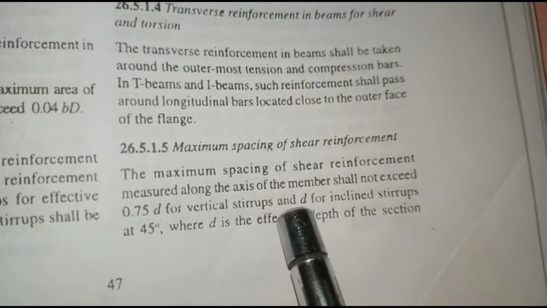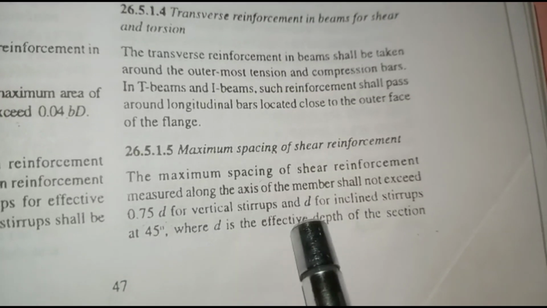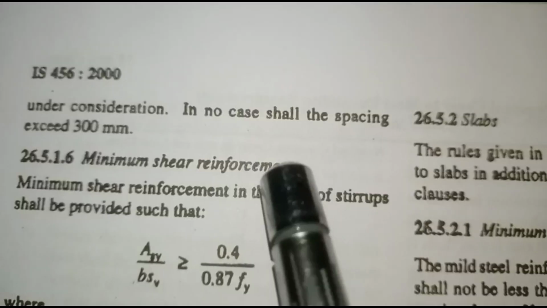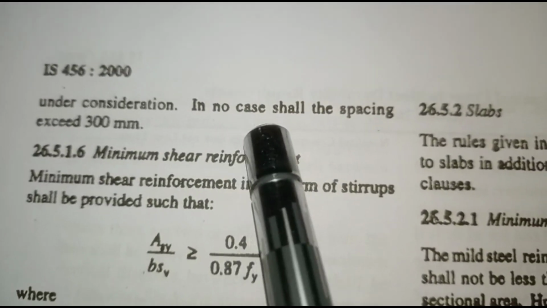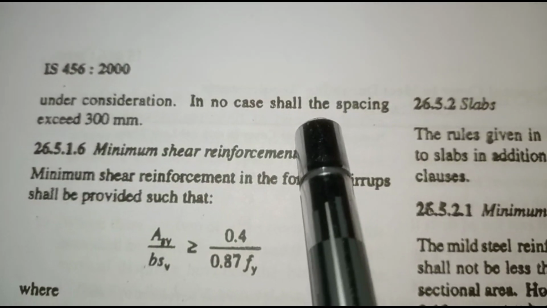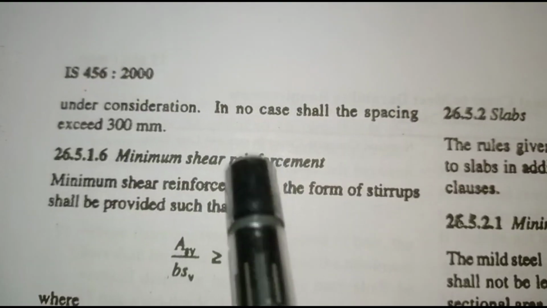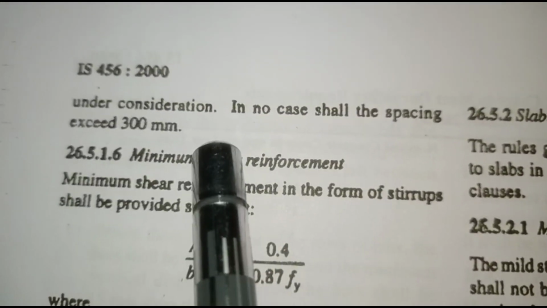In no case shall the spacing exceed 300 mm. So they are saying the spacing of stirrups should not be greater than 300 mm.